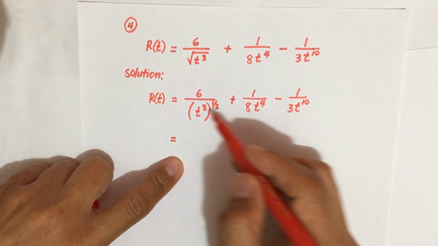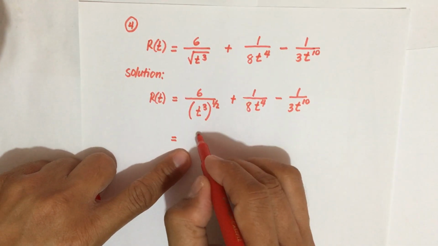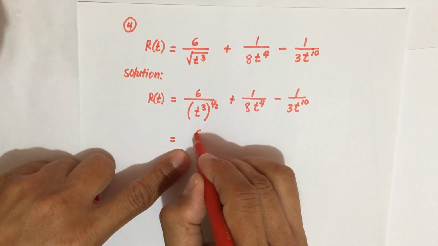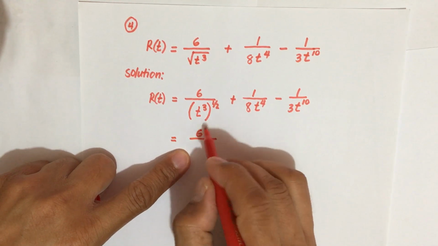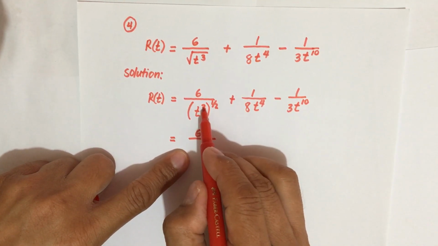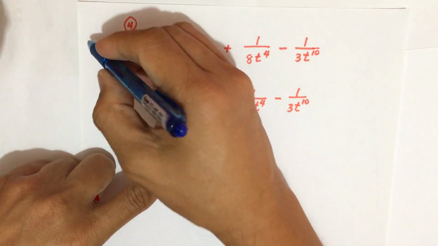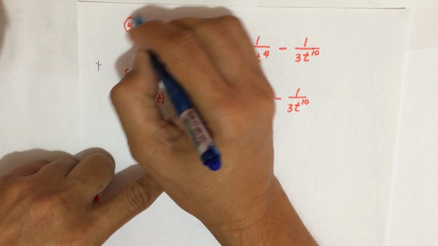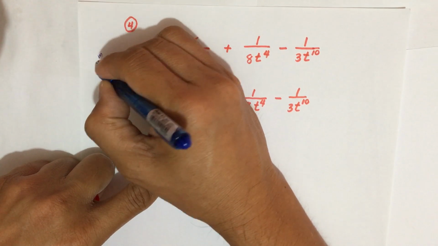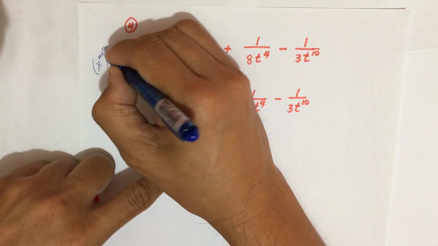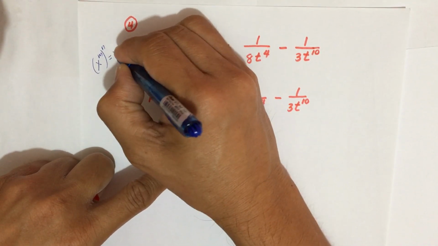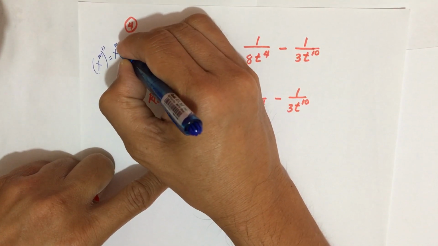But before we can do that for this first term, we have to rewrite it first as 6 over. So we have a power and then another power. The rule in the law of exponents, if you have, say, x to the power m raised to a power n, is equivalent to x to the power m times n.